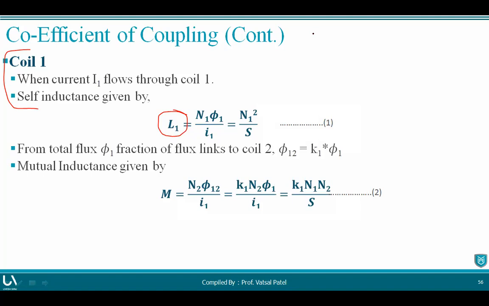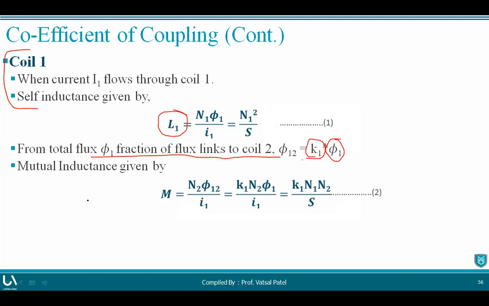Yes, Irmia, your answer is correct. We call it the leakage flux, right? So the total flux phi 1 we have, and the fraction of the flux linked with coil 2 we call phi 12, and that is equal to K1 into phi 1.